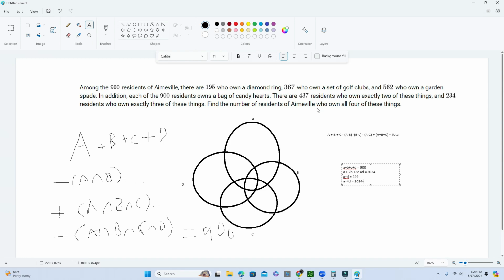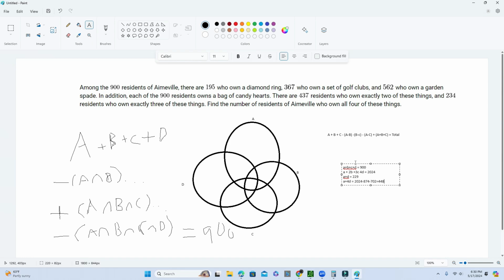Let's write that down: 874, and then also minus 3 times 234, which would be 702. And that equals 448.